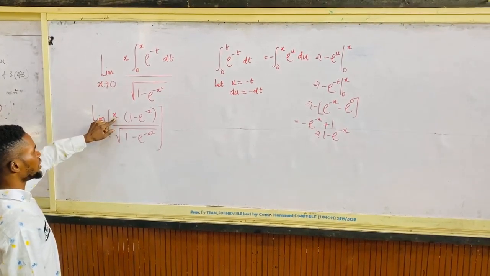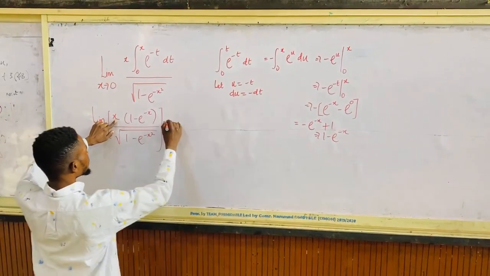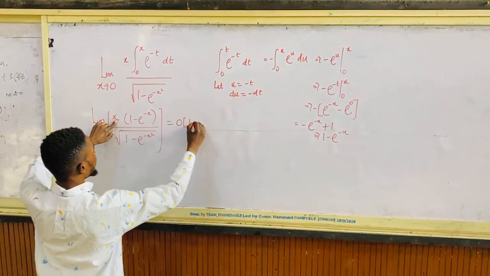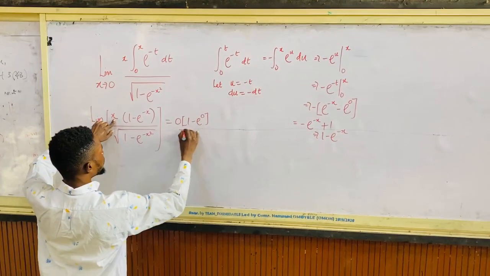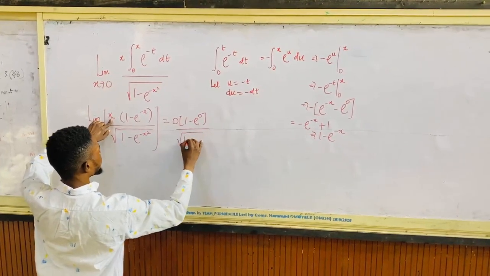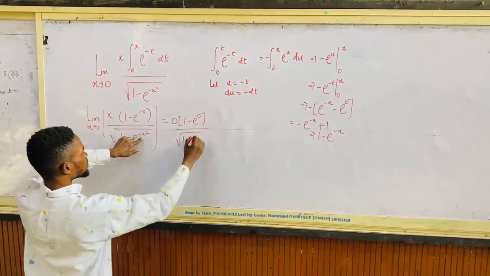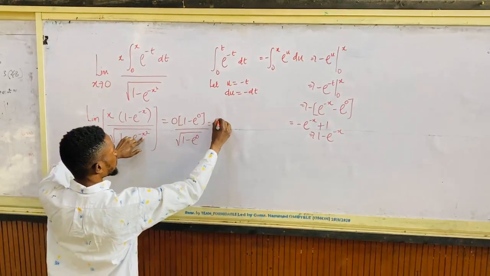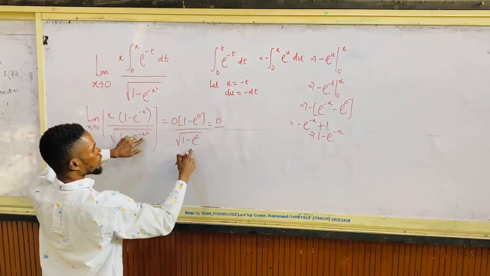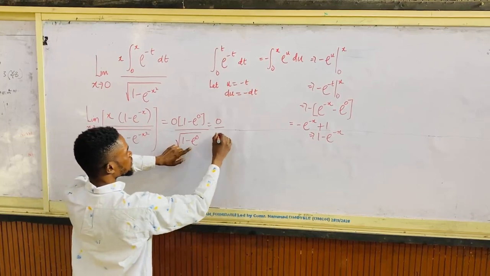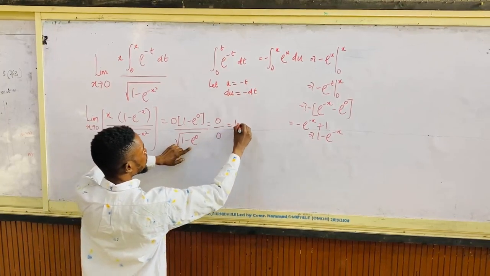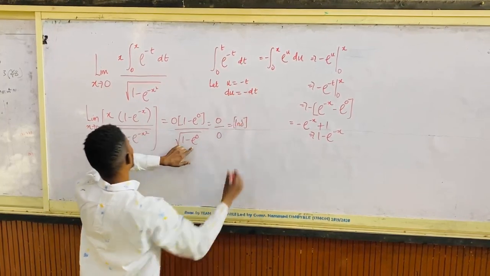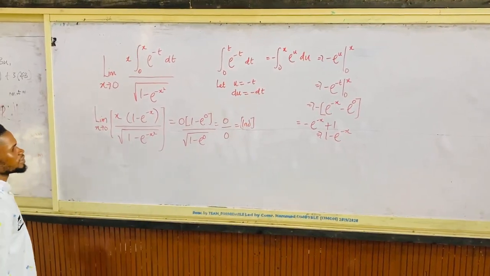If you input x as 0, that's 1 minus exponential 0 over 1 minus exponential 0. That's 0 over 1 minus 1 is 0, and the square root of 0 is 0. So 0 over 0 is indeterminate.